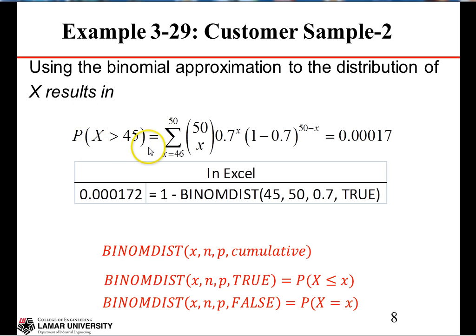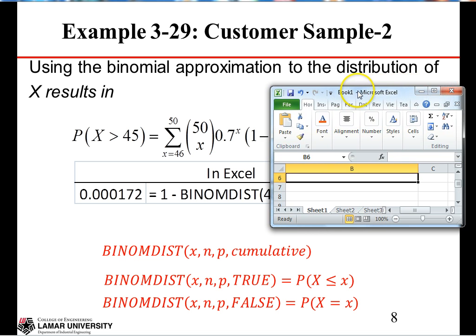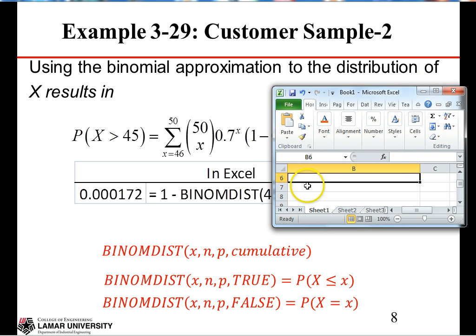So this probability is equal to 1 minus the probability X less than or equal to 45, and you can use this binomial distribution function in Excel to calculate that. Let me show you in Excel how we do that.